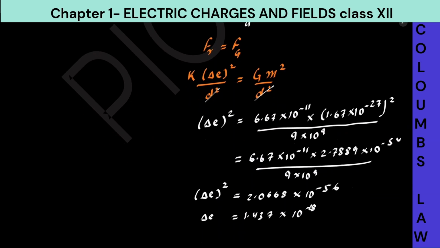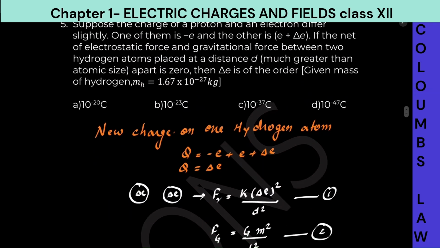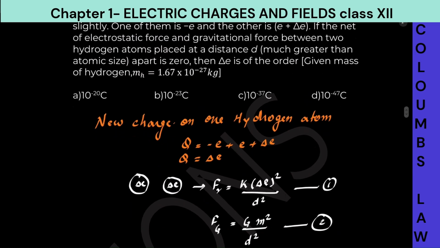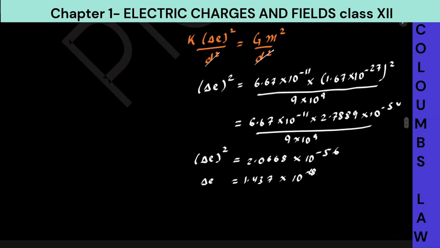6.67 into 1.67 into 1.67 whole divided by 9. So this is 2.066 and this will be minus 54, that is correct. So there is a slight typing mistake, it is 10 to the power minus 28. So the correct answer must be 10 to the power minus 28, because if you take the root of this 56, that will give us minus 28.